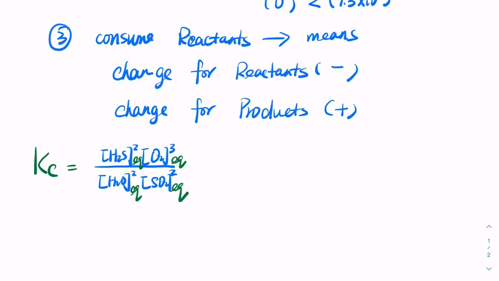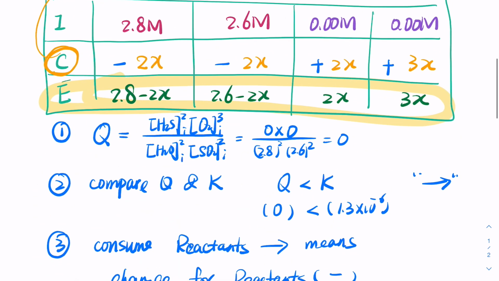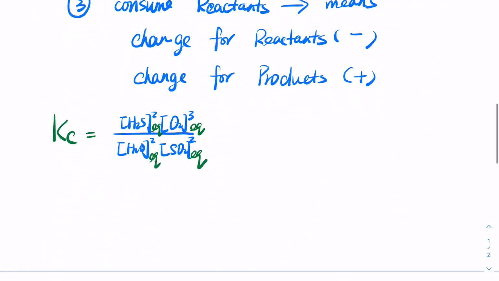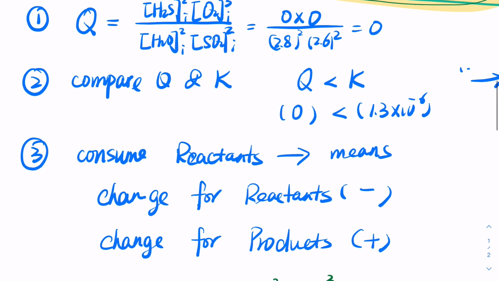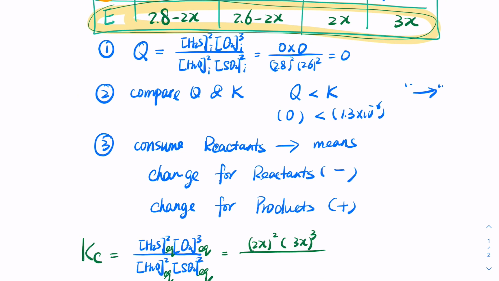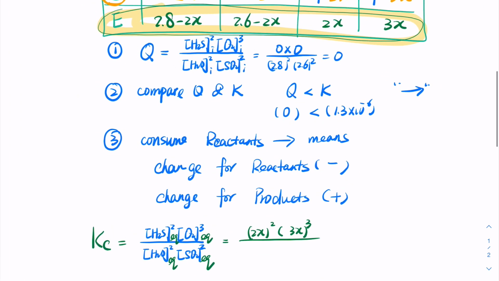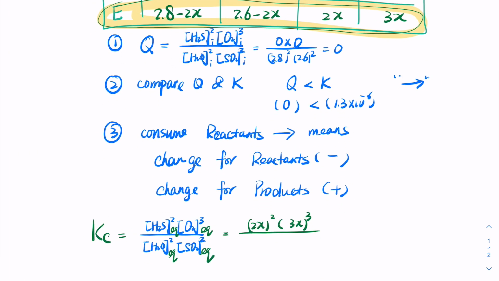That's why from the ICE table we needed these numbers. We're going to use all of those and put them into this expression. So going by the table, you have 2x squared times 3x to the cube on top.